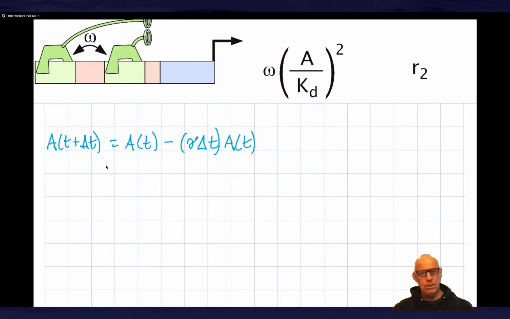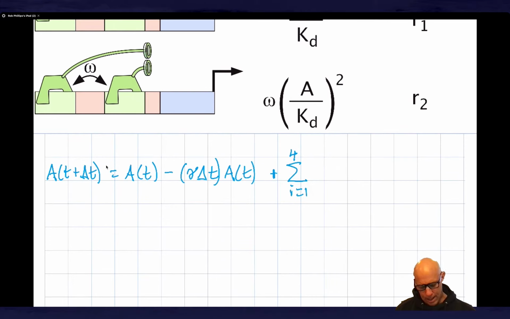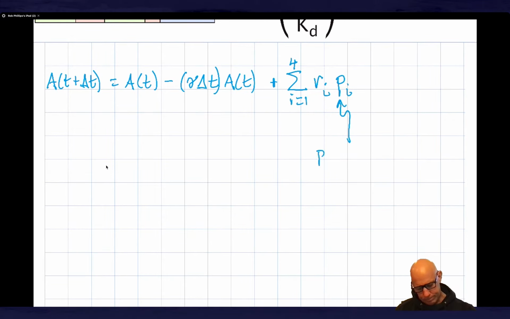So that's this term. And then I'm going to say times the sum over the states, which in this case is 4. There's 4 states. And then I'll have r sub i and then p sub i, where this is the probability of the ith state.